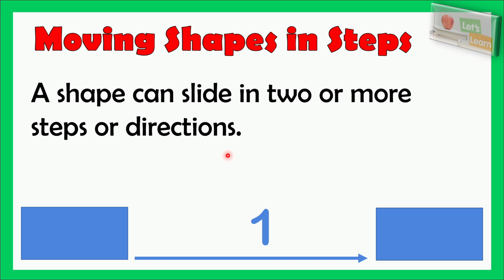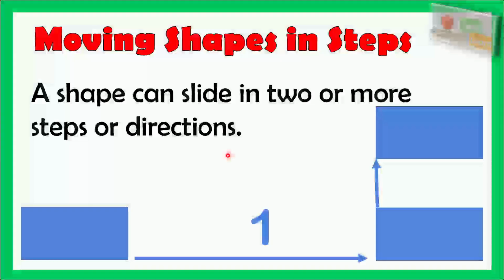The second step, we're going to move it up and it becomes the same shape, rectangle. So this means a shape can slide in two or more steps or directions. It can go to the right, up, down, or left.